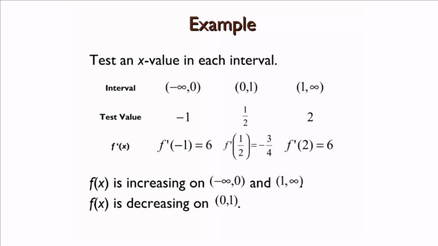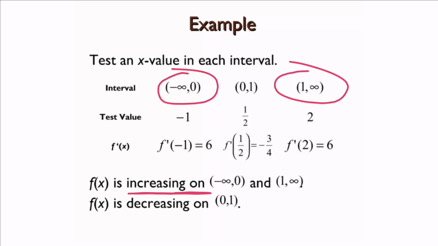So clearly, f of x is increasing on first subinterval and third subinterval. And f of x is decreasing on second subinterval 0, 1.